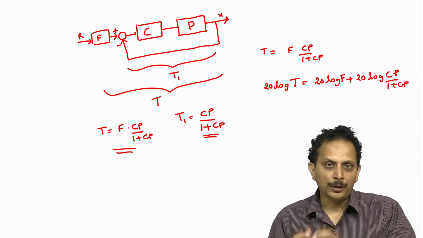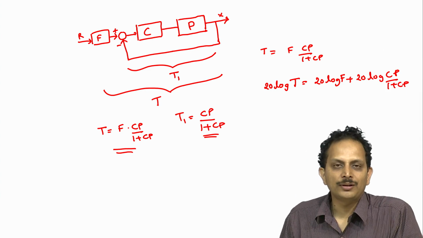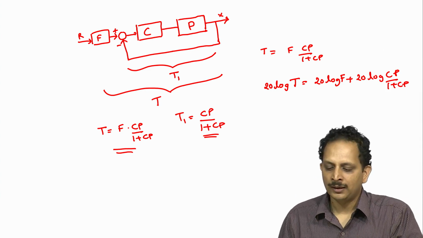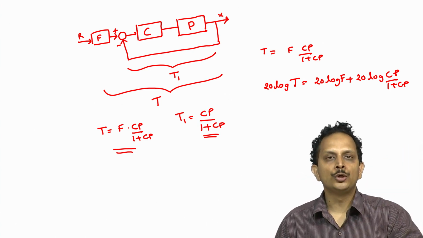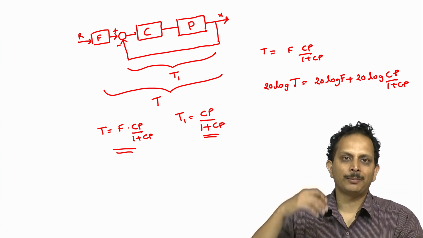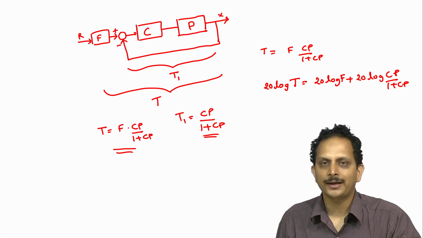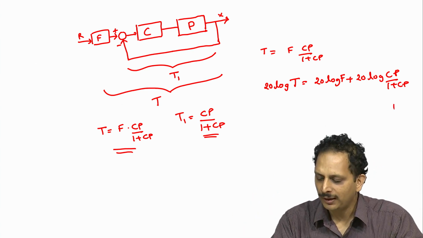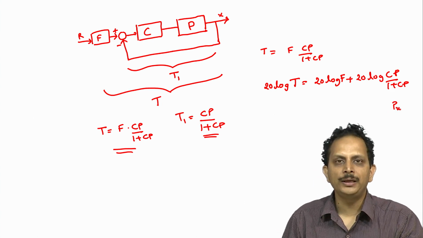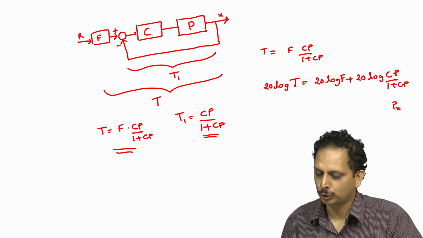Now for a particular combination of the parameters of the plant, our transmission function will assume its value T upper, which is the maximum permissible variation in the transmission function, and I shall call that particular plant model as P upper or Pu, P subscript u for short.